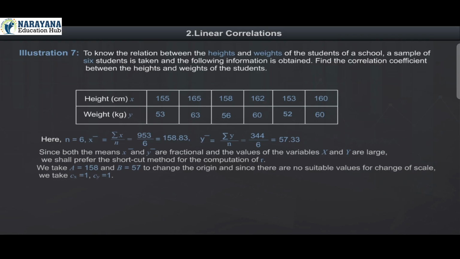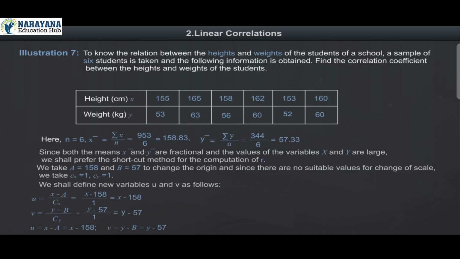We take a is equal to 158 and b is equal to 57 to change the origin, and since there are no suitable values for change of scale, we take cx is equal to 1, cy is equal to 1. We shall define new variables u and v as follows.